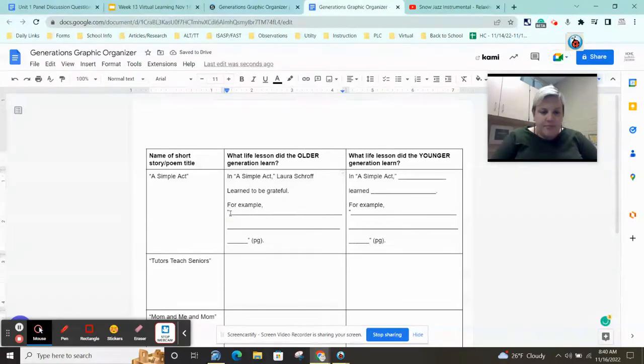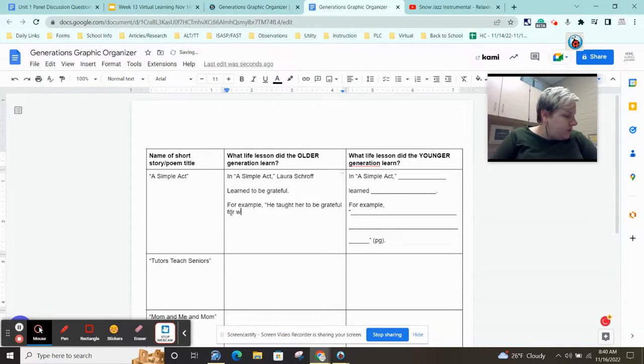For example, and then I need to go back into the book and find a specific quote with page number that would show this. Like, for example, quote, he taught her to be grateful for what she has and for the chance to share it with others.